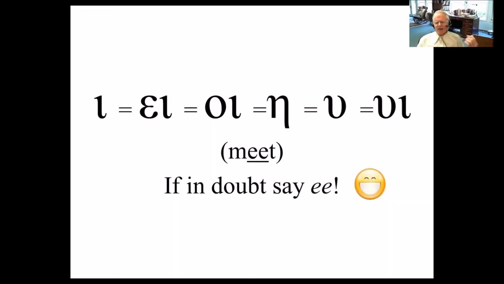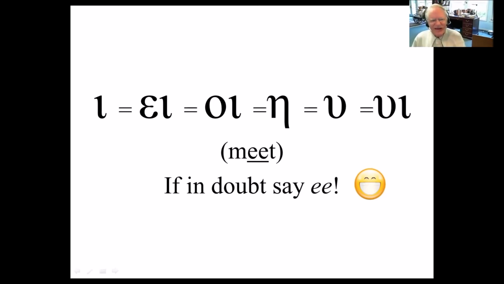We used to say in class, if in doubt, say E. Greek is a highly E sounding language. So iota is E. Epsilon iota is also E. Omicron iota, which looks to you Cockney friends like boy, oh boy, you know, oi, oi. Looks like oi, and it's not oi, it's E now.